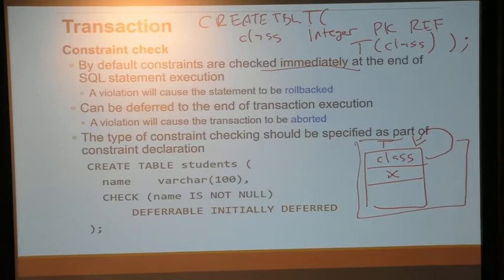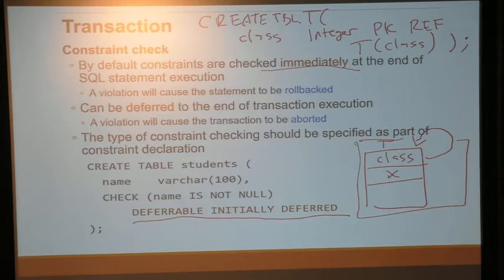Now, when you deal with transactions, the check is also done at every statement. If you do not want it to be done at every statement, you can defer. Defer means that you only check at the end, at the commit. And if the check fails, the commit becomes a rollback.